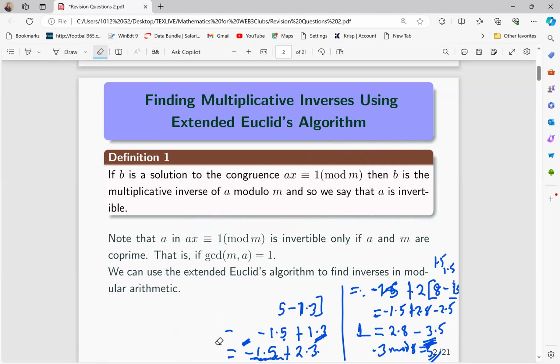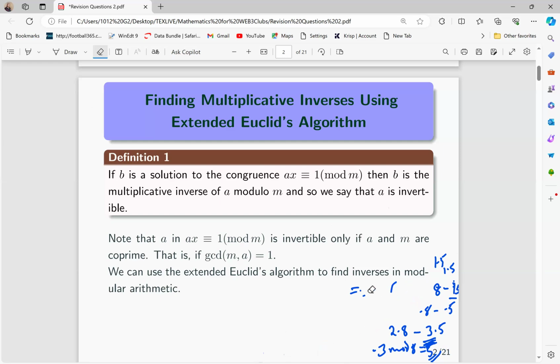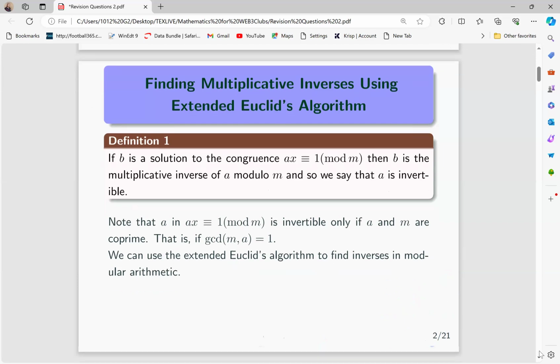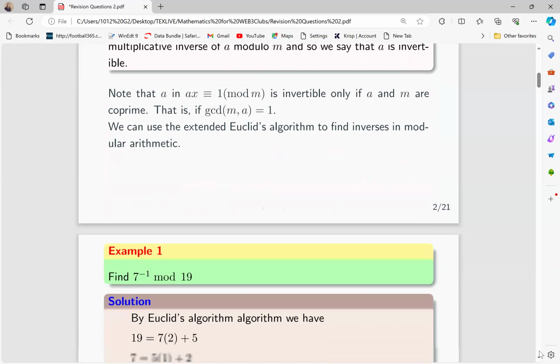We're supposed to know how to get this inverse so that we apply it in RSA and those other crypto systems. When you are coming up with the private and public keys, inverses are very crucial.